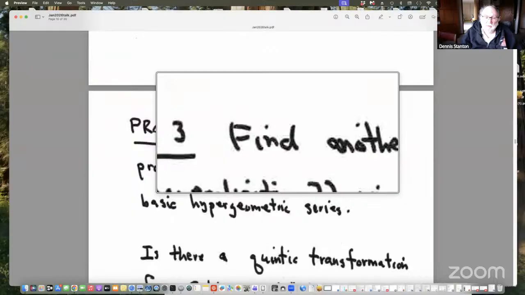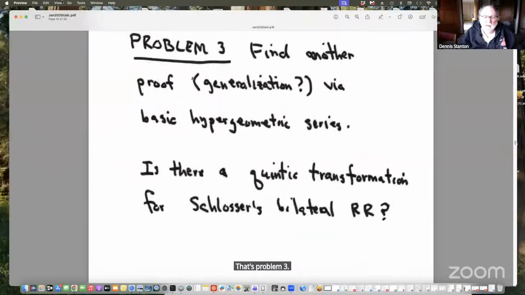That's problem 3. And Michael Schlosser has this bilateral Rogers-Ramanujan. Is there a quintic transformation for that? I don't know. I think this problem is probably doable, but it's a mystery to me right now. Any questions about problem 3?